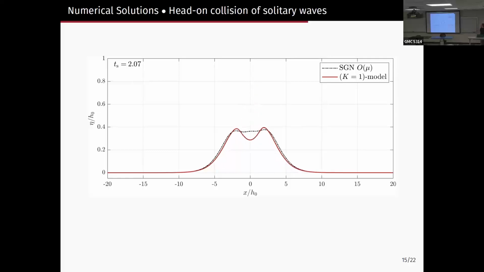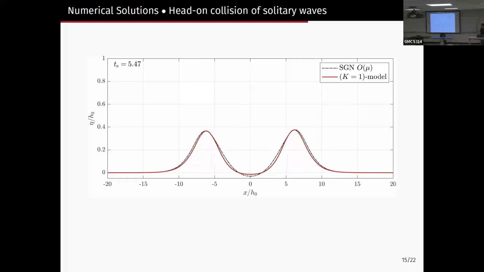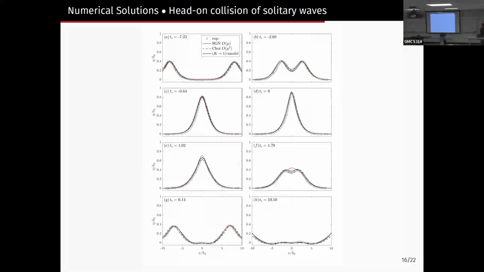And here we compare with the Serre-Green-Naghdi model, and the red line is our model. Here the circles are the experimental results, the experimental free surface elevation. And what you can see here is that Ts equals 0 is the moment of the maximum height during the collision.